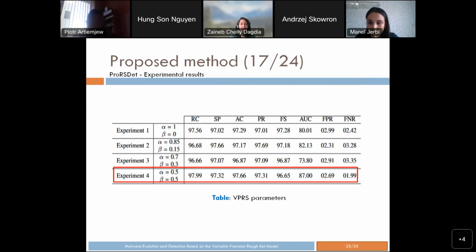And the second question is how you evaluate the results and split data in the experimental part? In the experimental analysis, we used different metrics, and we compared our results to the most recent state-of-the-art methods using those evaluation metrics with a common data set, which is the Draben data set.